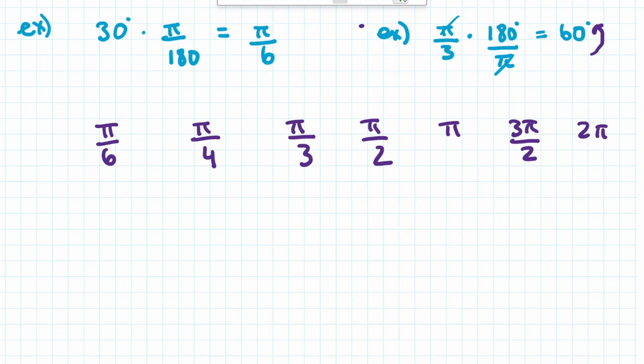Pi over 6 is 30 degrees, pi over 4 is 45 degrees, pi over 3 is 60 degrees, pi over 2 is 90 degrees, pi is 180 degrees, 3 pi over 2 is 270 degrees, and 2 pi is 360 degrees. So you can always rely on the conversion formulas.